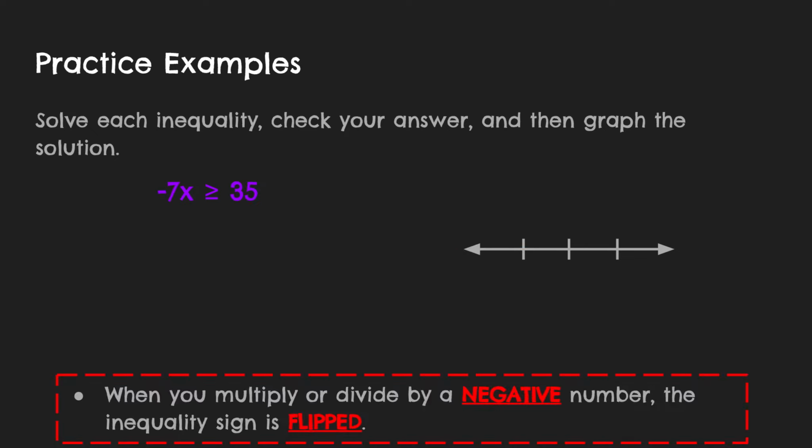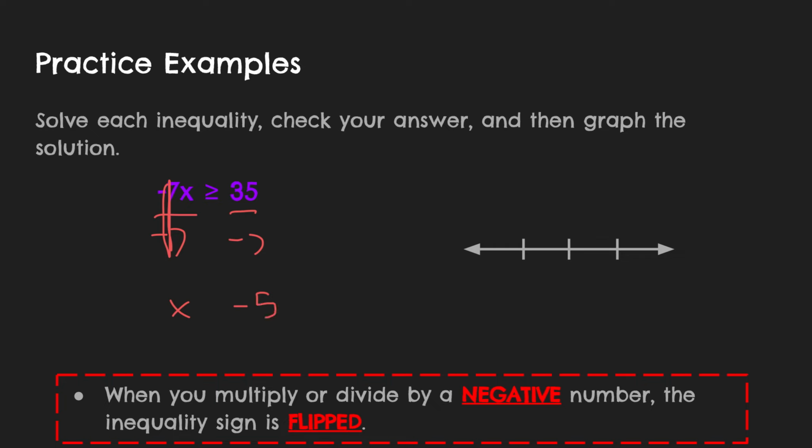All right, so based on my little note here, we're going to have to divide or multiply by a negative. So we have negative 7x is greater than or equal to 35. So I'm going to divide by negative 7 on both sides. These cancel out or become 1. And then 35 divided by negative 7 is going to give us negative 5.